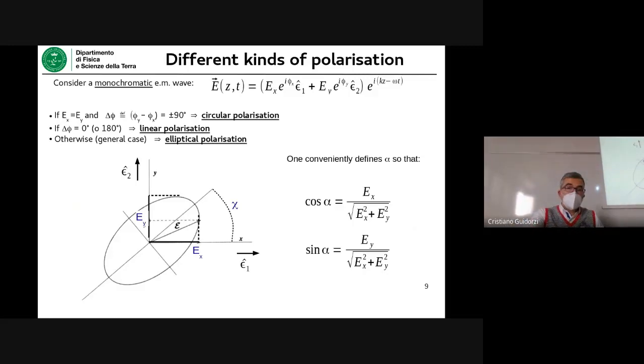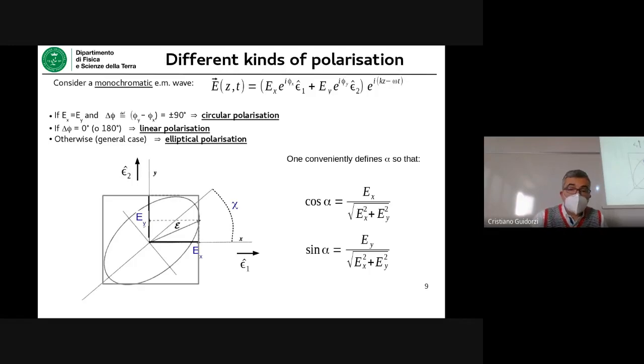So if you look, chi is the angle between the semi-major axis of the ellipse and the x-axis. It's called polarization angle. There's also another angle, which we call alpha, which is defined this way. The cosine and sine, of course, are proportional to the corresponding amplitudes.